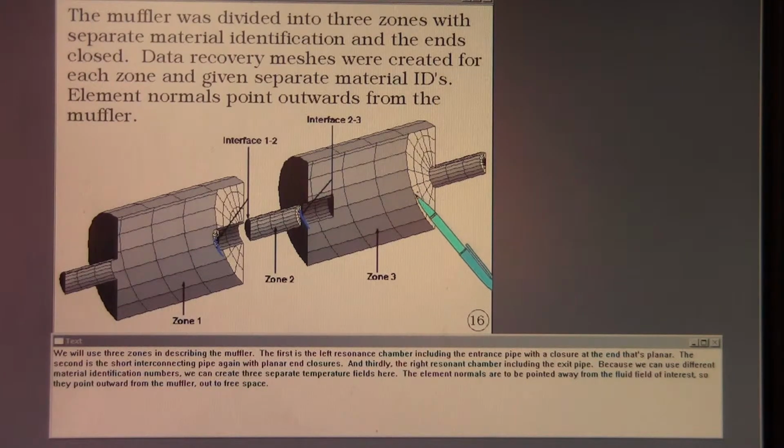Because we can use different material identification numbers, we can create three separate temperature fields here. The element normals are to be pointed away from the fluid field of interest, so they point outward from the muffler out to free space.